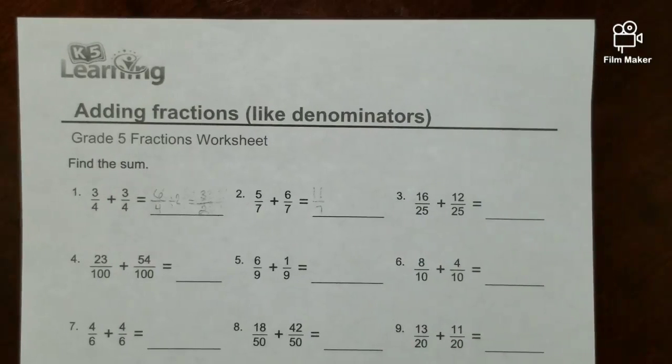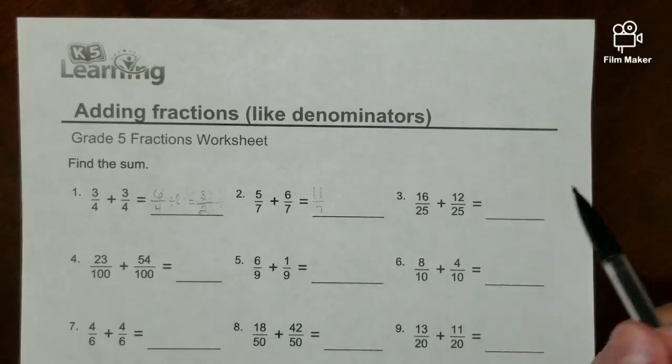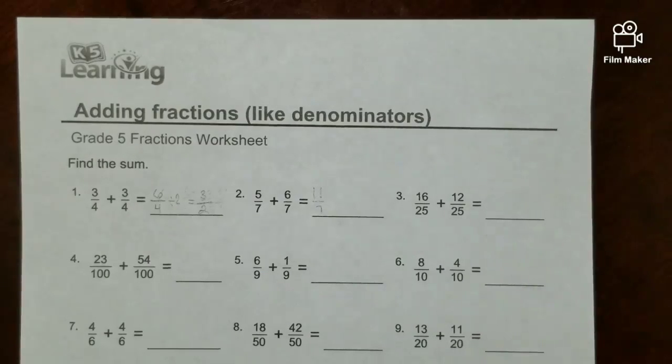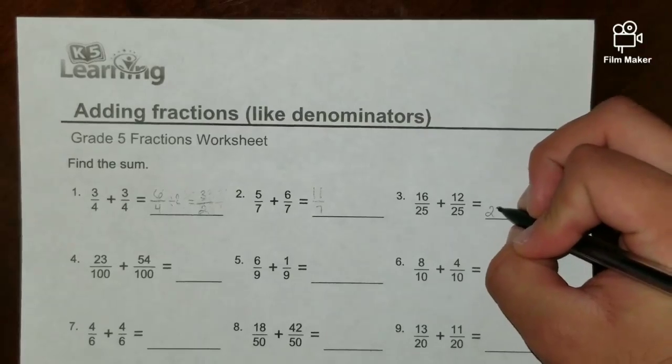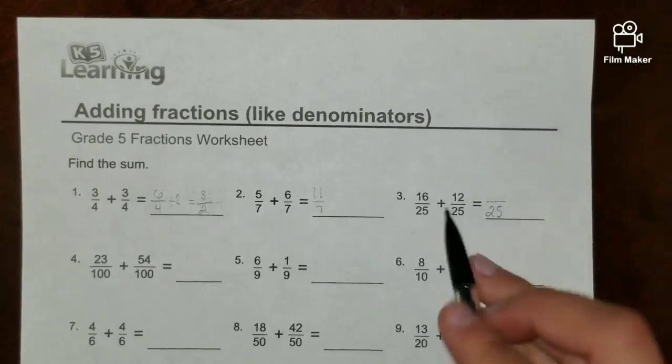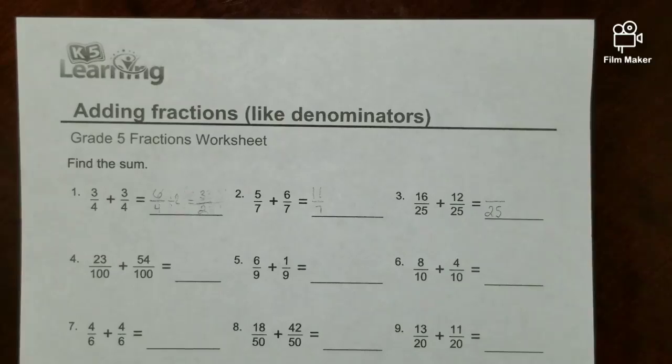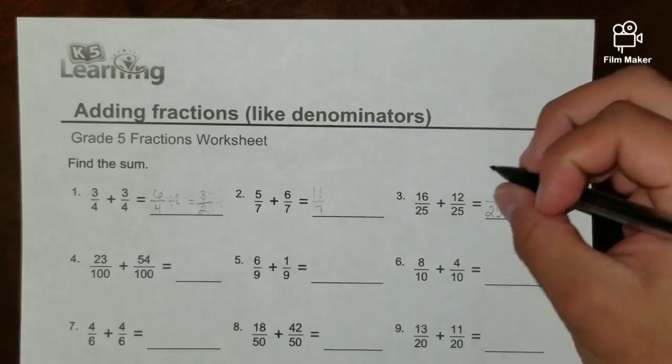For the next one, we have 16 over 25 plus 12 over 25. So first, we bring the denominator, 25, over, and 16 plus 12 gives us 28.